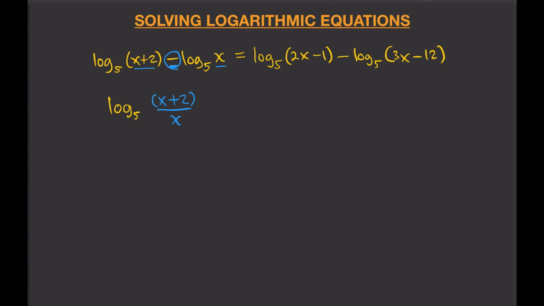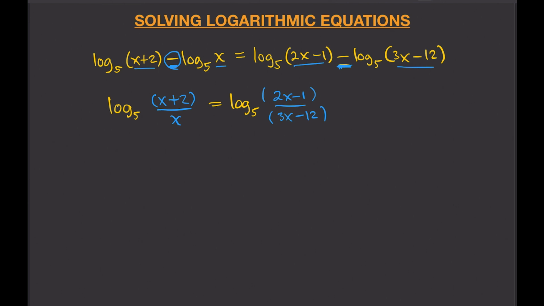Okay, and then that is equal to, same thing here, we have a minus, we have a subtraction. Okay, so take note of our argument, so that's just going to be log base 5 of 2x minus 1 divided by 3x minus 12.